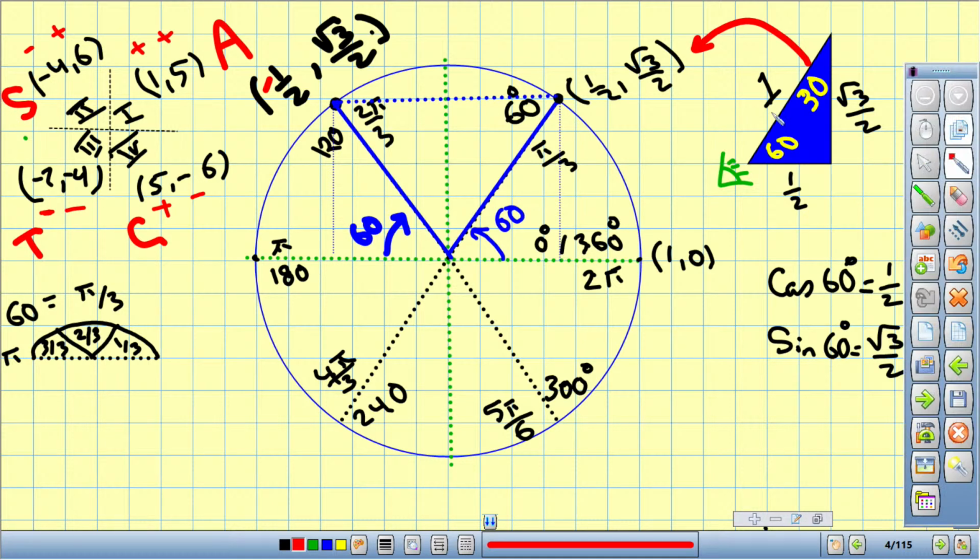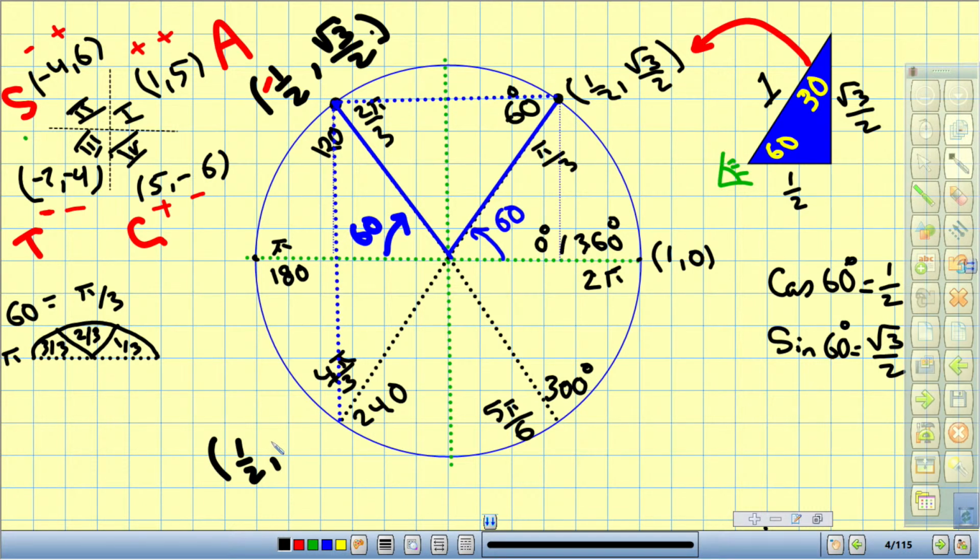Now, what if I wanted to go wild? I would say, okay, I'm going to hop over here, and then hop over down here. If you hop over down here, guess what? It's going to be the same coordinate point. This is going to be 1/2, comma, what do you think I'm going to put here?